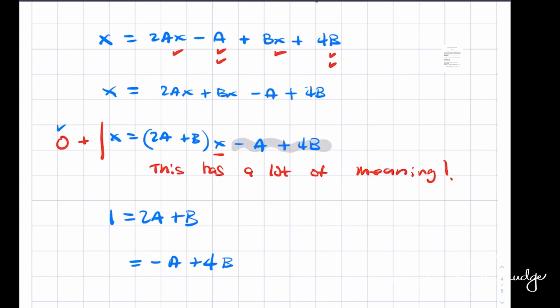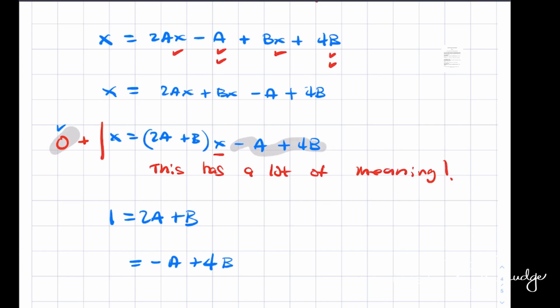Because 0 plus 1x, or simply 0 plus x, is just the x. I can add 0 to anything and it doesn't change the answer. So what that means is that 0 is the same as what we wrote over here, negative a plus 4b.